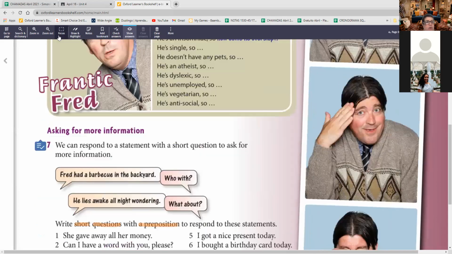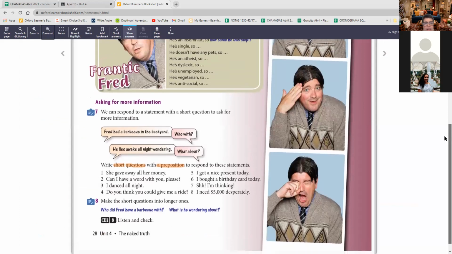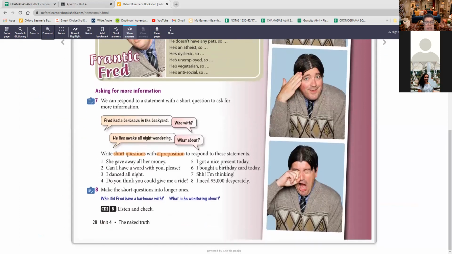Okay, guys, so all this was on page number 28. Finally here they say, make the short questions into longer ones. So now it's the other way around. It's when you enlarge the sentences, the questions.